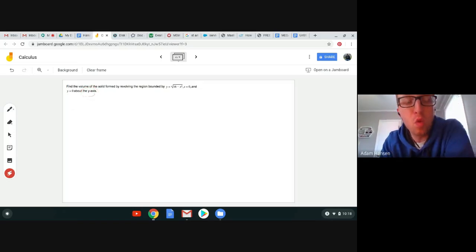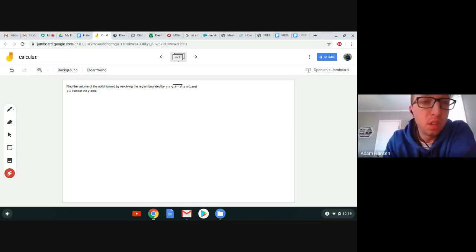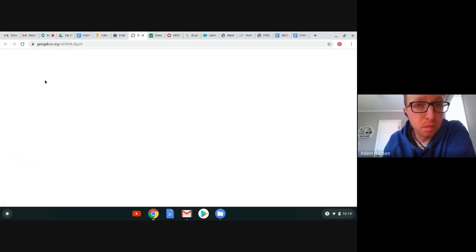So rather than a horizontal x-axis of revolution, now we're revolving around the y-axis, a vertical axis of revolution. And that's going to change how I'm going to set up this question and how I'm going to generate this volume. So let's go ahead and take a look at what this would be on Desmos.